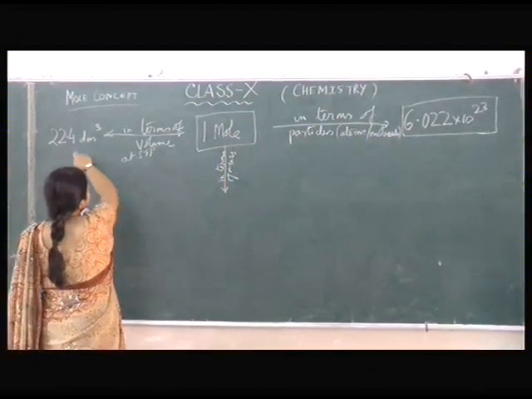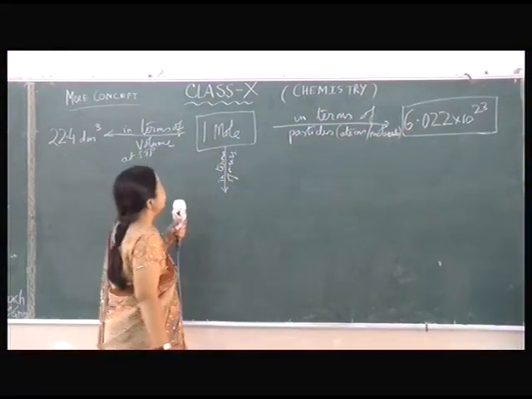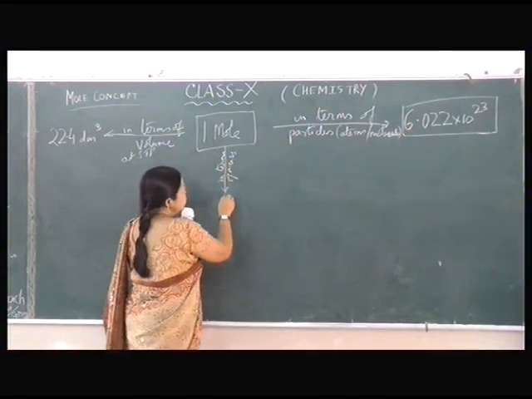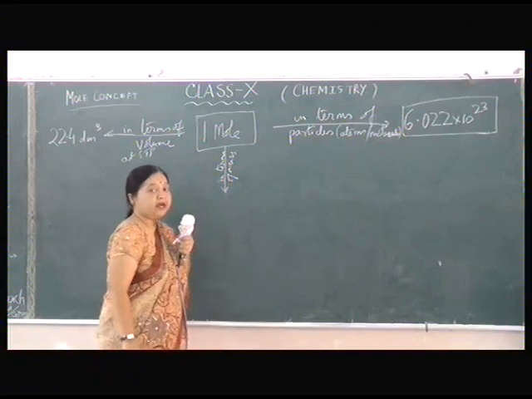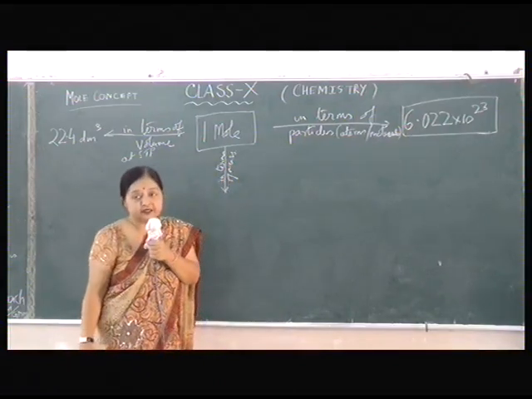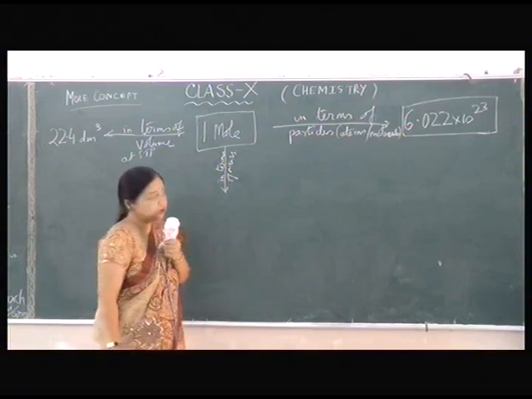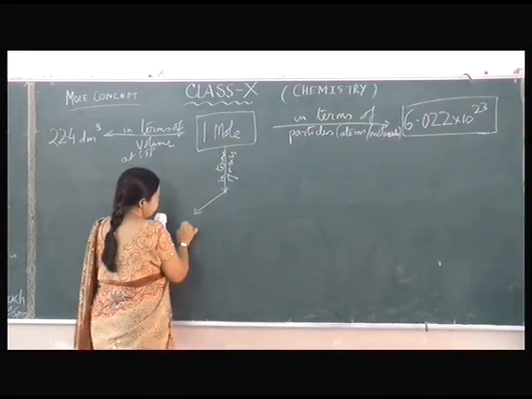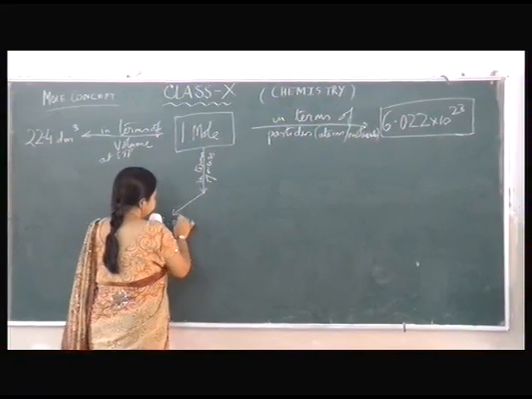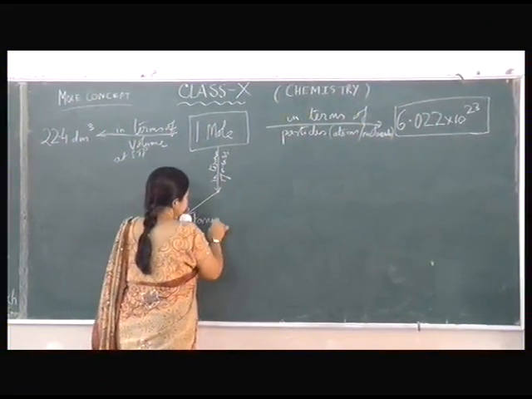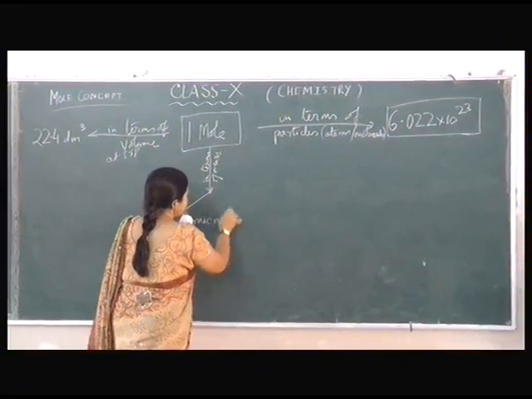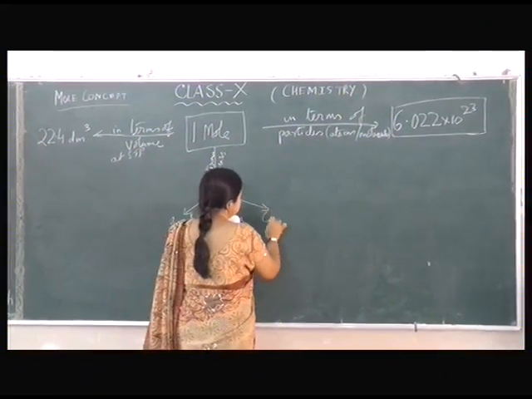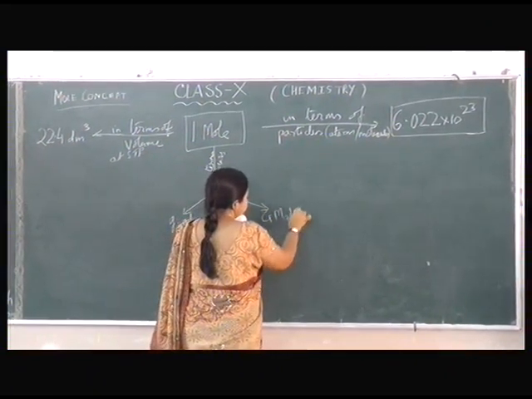It will occupy 22.4 dm³ at STP, and in terms of mass, depending on whether it is an atom or molecule, it is the gram atomic mass or gram molecular mass.